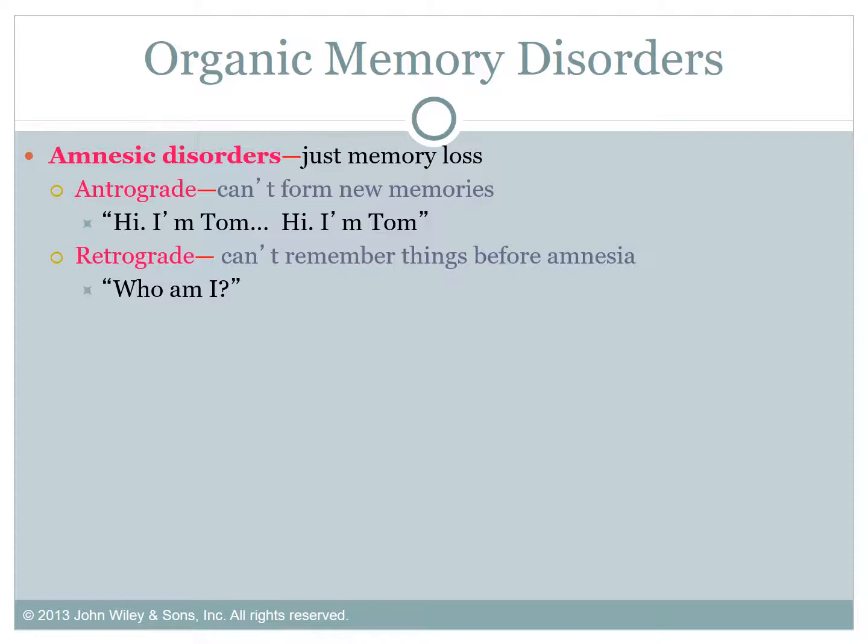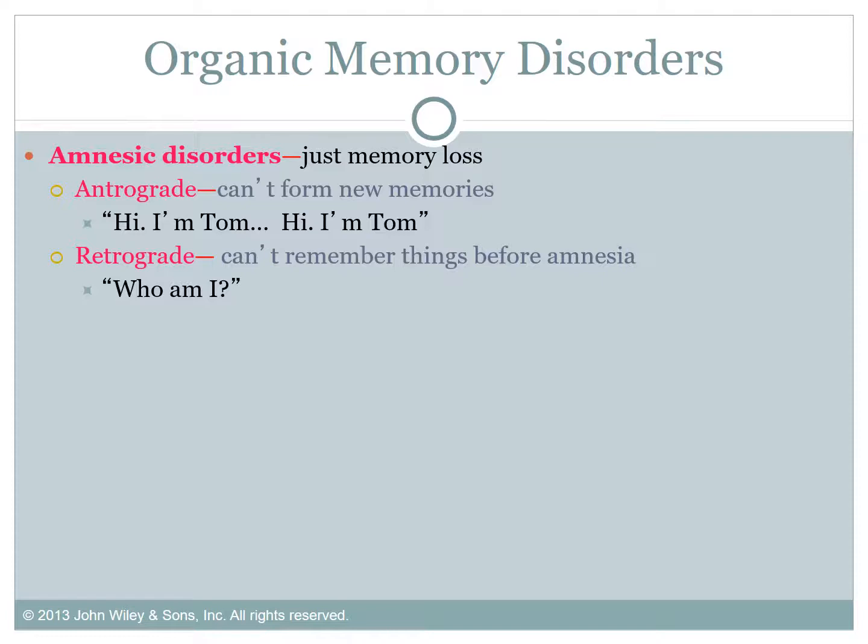The most common, certainly the most commonly considered organic memory disorder is amnesiac disorders. You see this on TV all the time. Interestingly, the retrograde amnesia that you tend to see on TV and in movies is the least common, where the individual has trouble remembering things that happened before the amnesiac event, where someone wakes up on a beach and they don't remember who they are or what they did for a living.